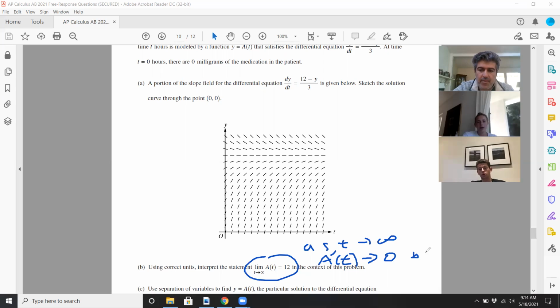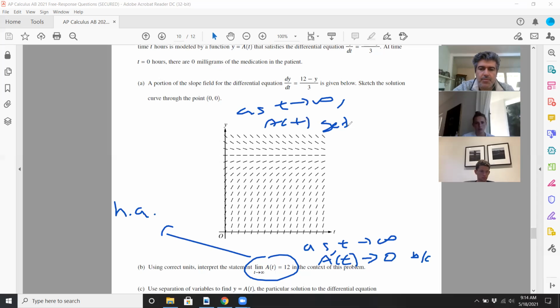Okay, is 12 like an upper limit of the problem? It's a horizontal asymptote. It'll never equal 12, and it'll never be above. Exactly. Actually, we should be saying that as t approaches infinity, A of t gets closer to 12 because it's a horizontal asymptote.